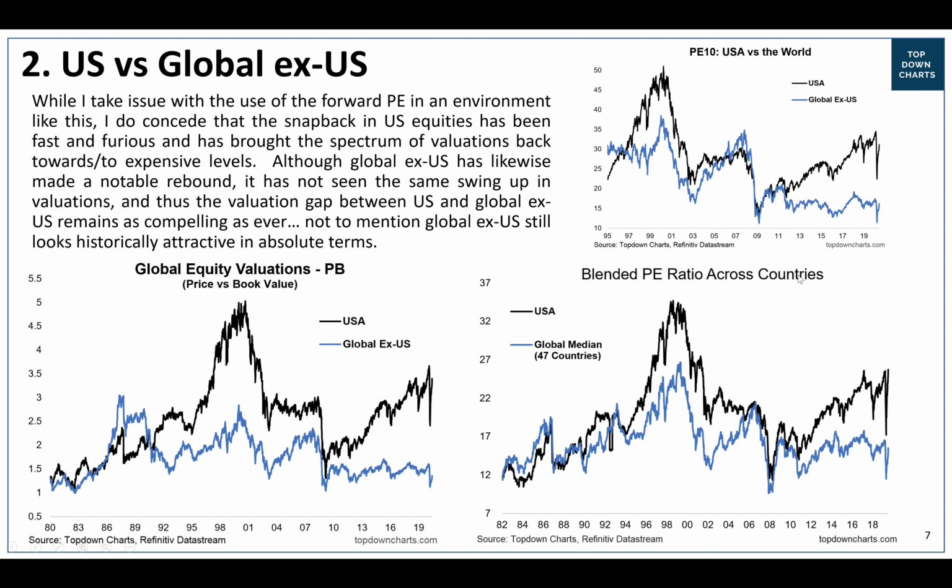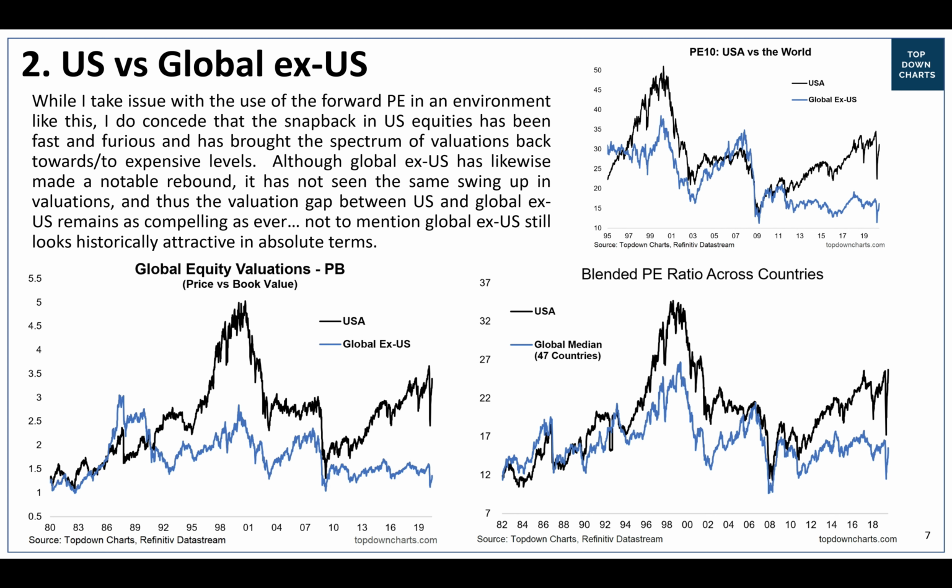On the blended PE ratio across countries, you can see the blue line there for global ex-US. This time I've actually just taken the median rather than the weighted average, which is on the one to the left there. This blended PE ratio is the average of the forward price to earnings ratio, so price versus consensus next 12 months earnings, price versus trailing earnings, so the last 12 months PE ratio, and the PE10, which we'll get to in a second, price to trailing average 10-year earnings.